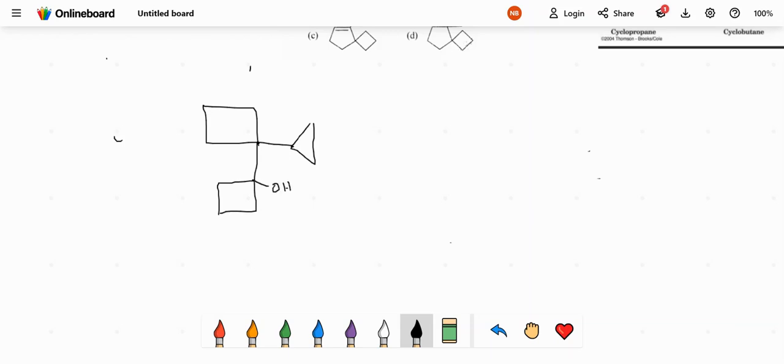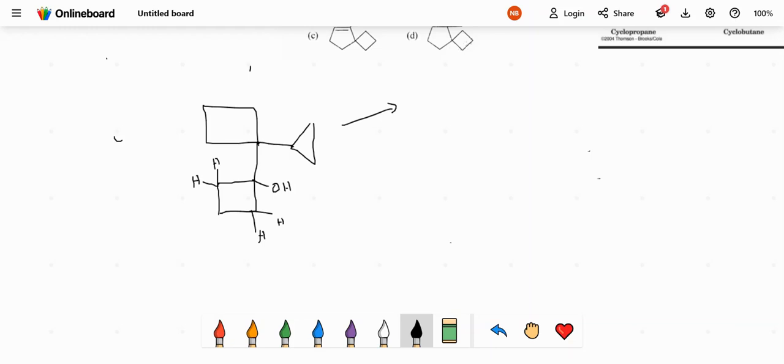So if you write the products without the mechanism, you may wrongly assume that, look at this, there are two beta hydrogens here, and here also there are two hydrogens. Whichever hydrogen you remove, this one or that one, you will get the same alkene. That is why it is not necessary to bother about that, right?